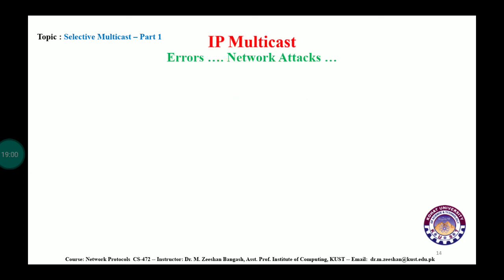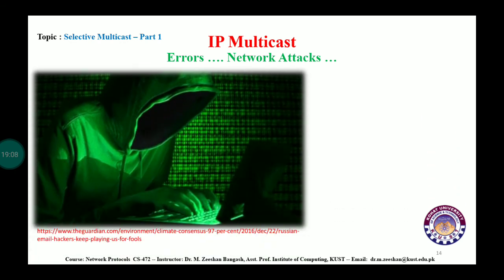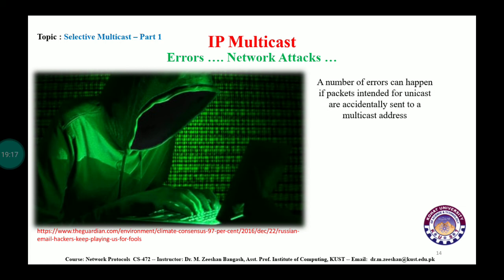Now, there are some problems when you're doing IP multicasting. There is always a threat of launching an attack within the network. We know that a number of errors can happen if a packet that is intended for unicast is, for some reason, accidentally sent to a multicast group.